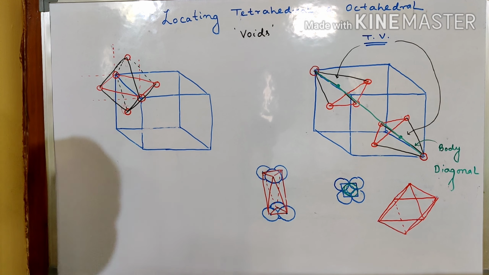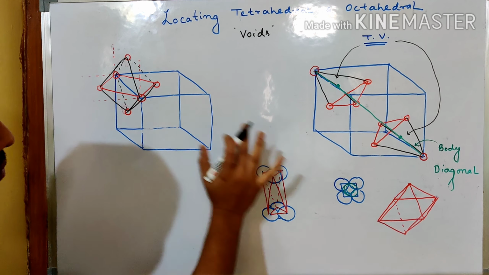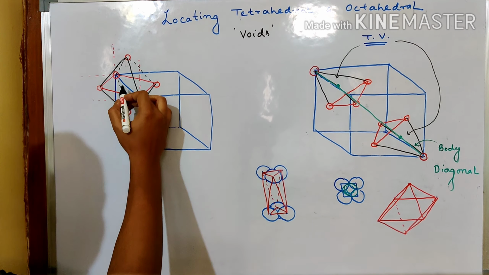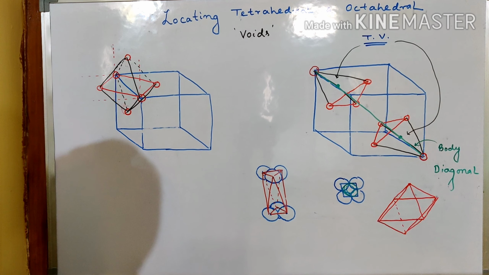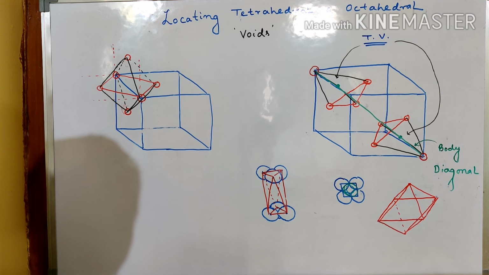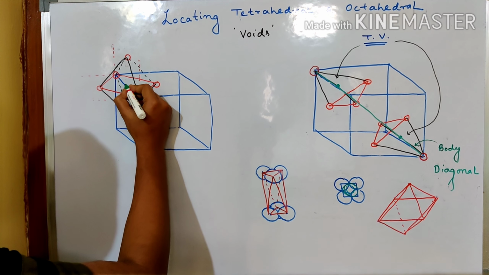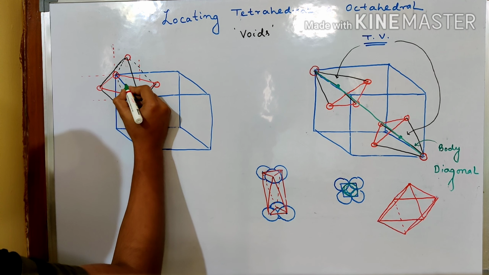See now. And isn't it same as this one? So it is an octahedral void which I have tried to draw. The center of this octahedral void will be in this region. This is the void. So the center lies here.